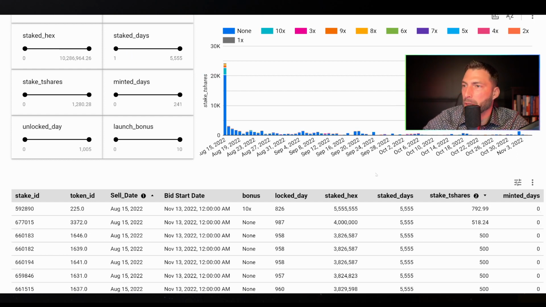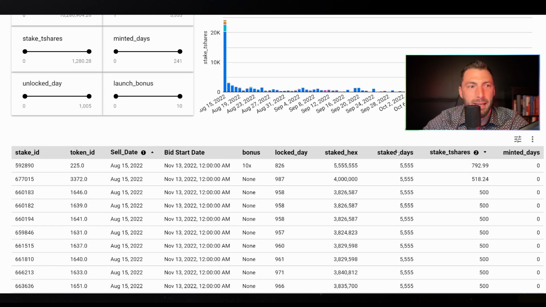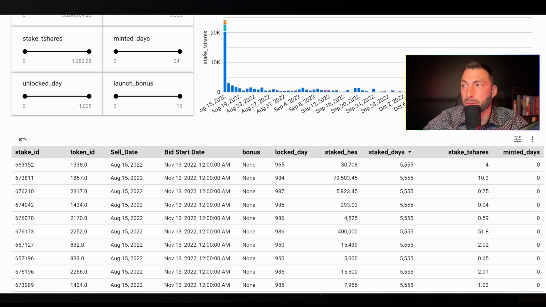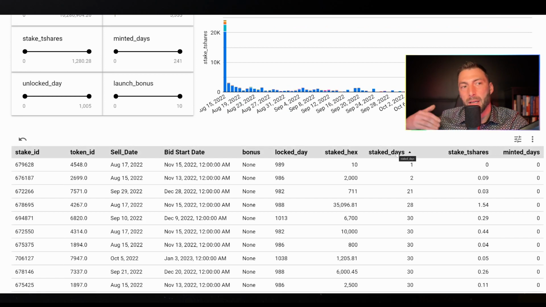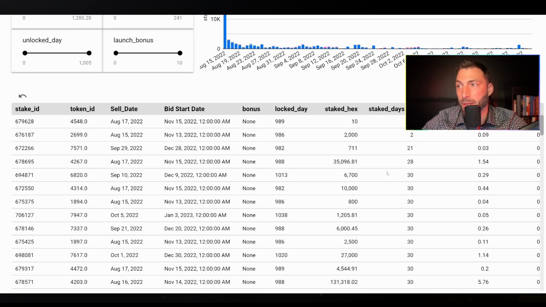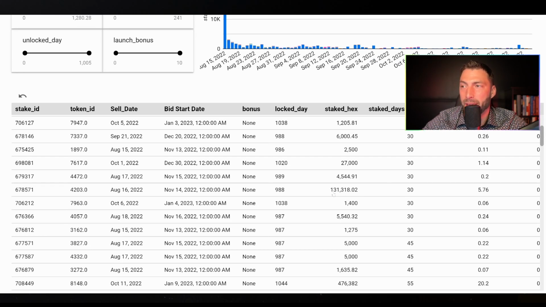So I wanted to organize by staked days because that was kind of interesting to me. It was in their best interest to only put through the HSI buyback max length stakes, 5555. But for some reason, people didn't do that. For example, this guy put in 131,000 hex, only staked for 30 days.